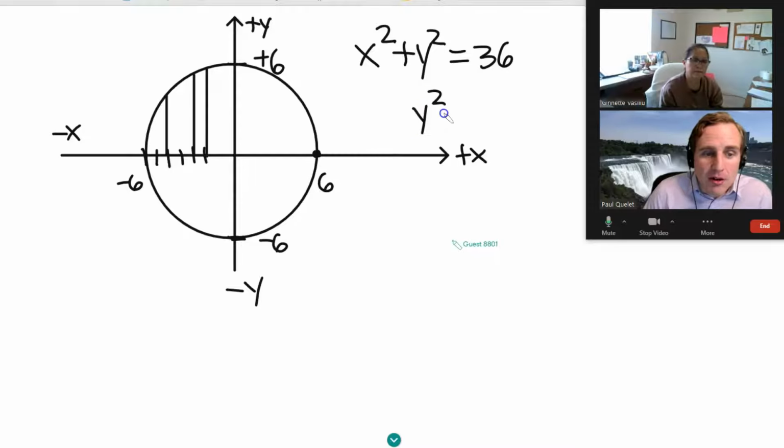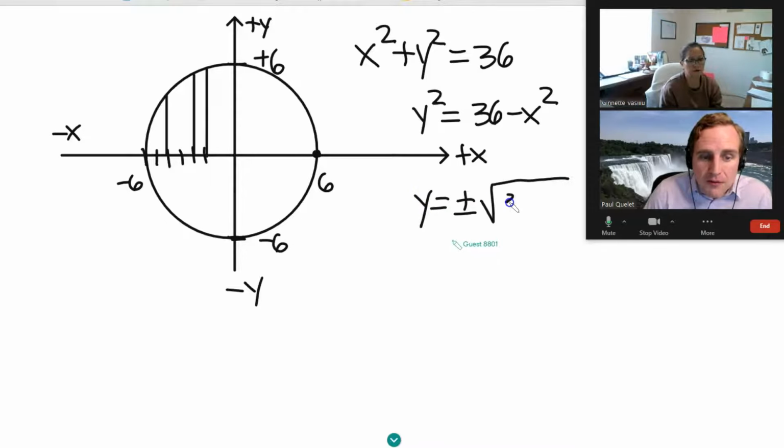So y squared equals 36 minus x squared, and then y equals plus and minus the square root of 36 minus x squared. But notice, the positive part is the top part of the circle, because that's where y is positive. But then the negative part is the bottom part of the circle, because y is negative.